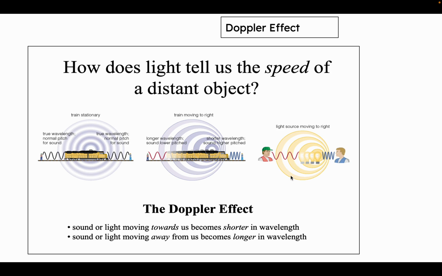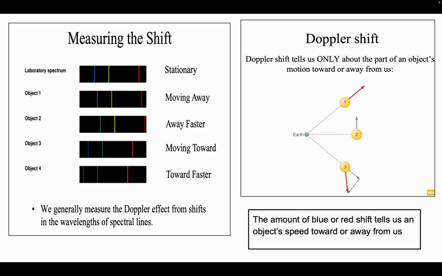So sound or light moving towards you becomes shorter in wavelength, and sound or light moving away from you becomes longer in wavelength. This phenomenon is called the Doppler effect or the Doppler shift.